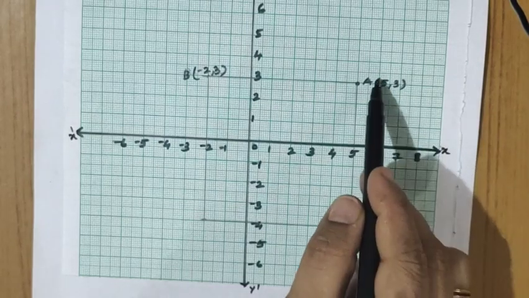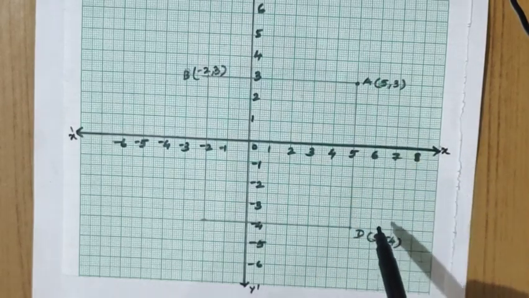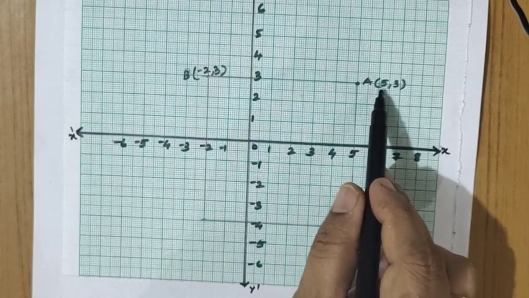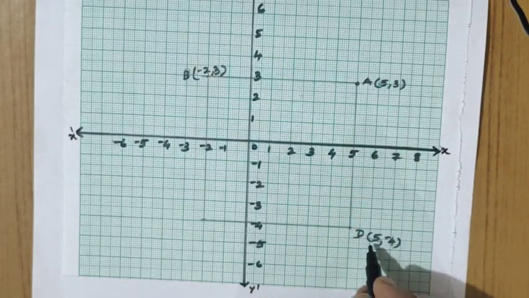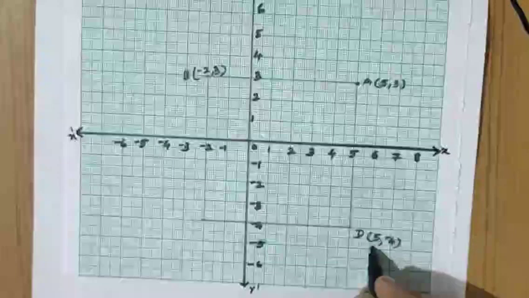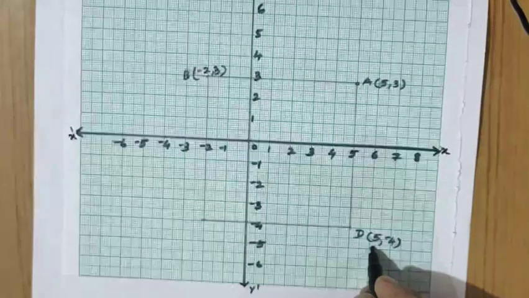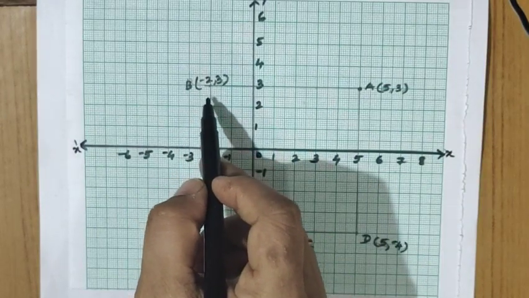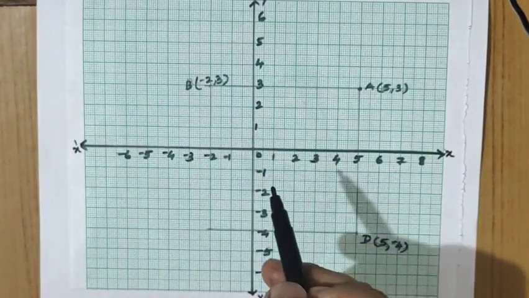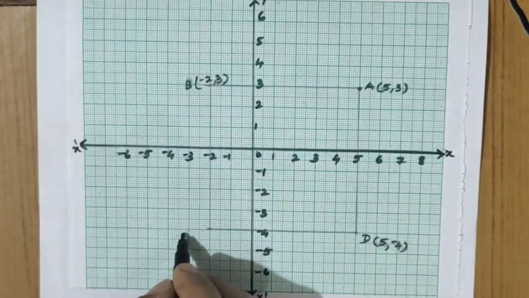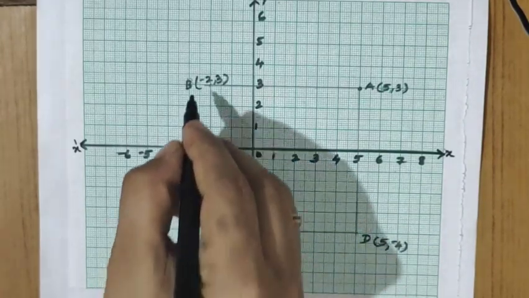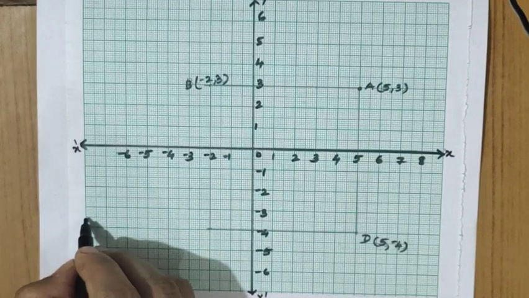If you compare A and D, it's a square only. A's x coordinate is 5, and D's x coordinate is also 5. So if B's x coordinate is -2, then C's x coordinate is also equal to -2, right?